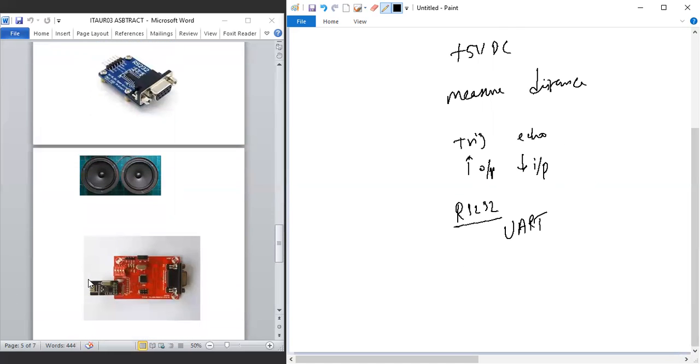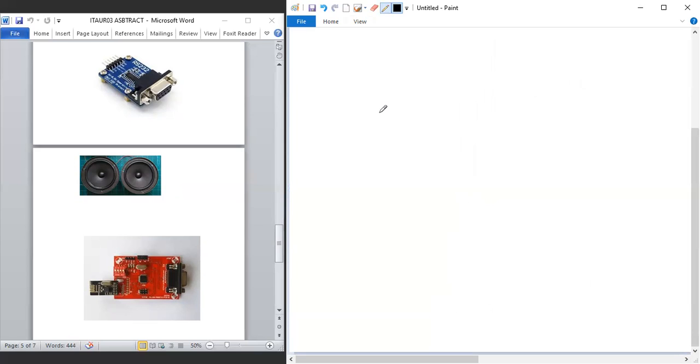Next one is the speaker. It is a plus 5 volt speaker, connected to the APR module. Next one is Zigbee.